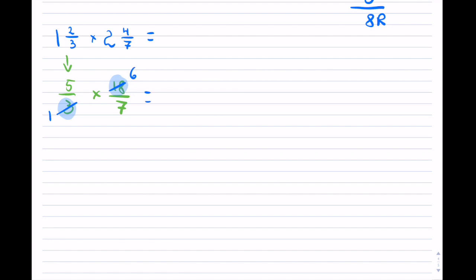And now it looks like nothing else reduces. So now I can evaluate. 5 times 6 is 30, and 1 times 7 is 7. And changing it to a mixed number, 7 into 30 goes 4 times, with a remainder of 2, and you can double check that for yourself. And now you're done.